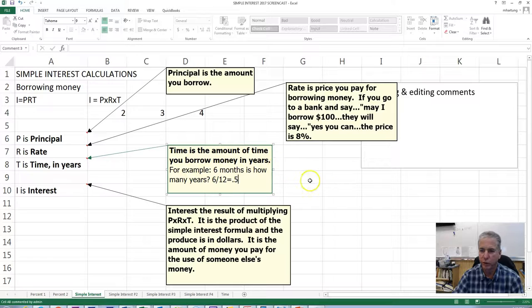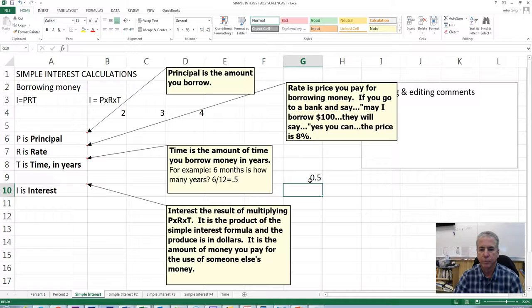Now, if we're not sure, we could always come out here and use Excel as a calculator and put equals 6 divided by 12. 0.5. Let me give you a problem to do. How many years is 7 months? I don't know. I need to calculate it.